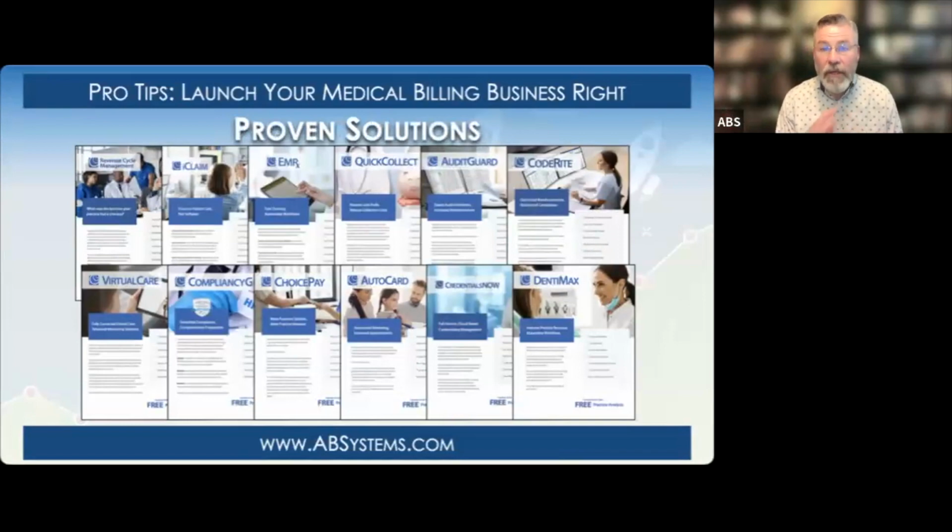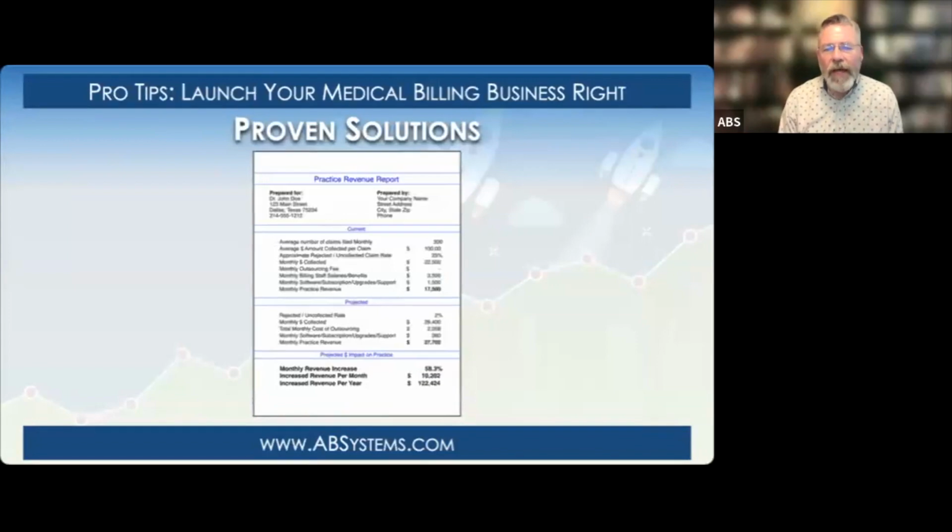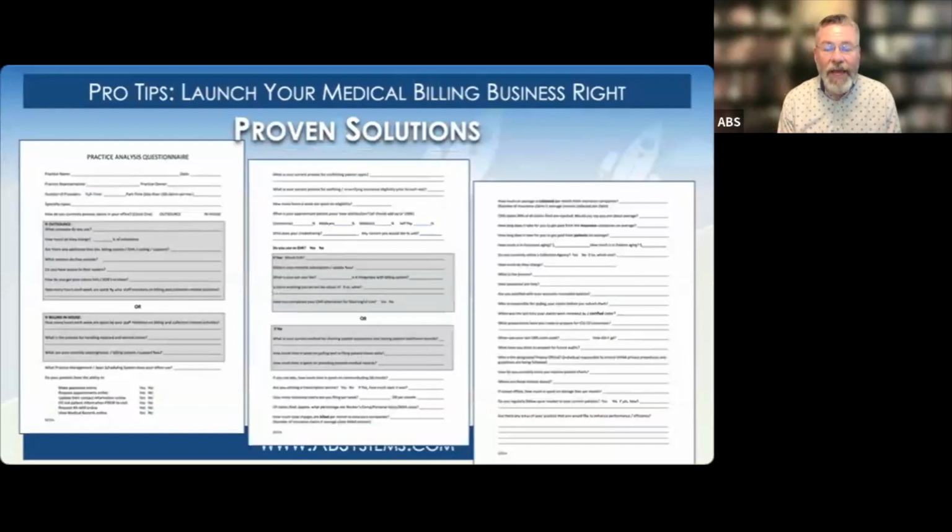And folks, I've just literally run out of time. I'm going to get to the last few pieces here. I do want to show this to you. Remember, I mentioned earlier that once you've gotten engaged with a doctor, you're going to do what's called a practice revenue report. You're going to find all that information through this practice analysis.